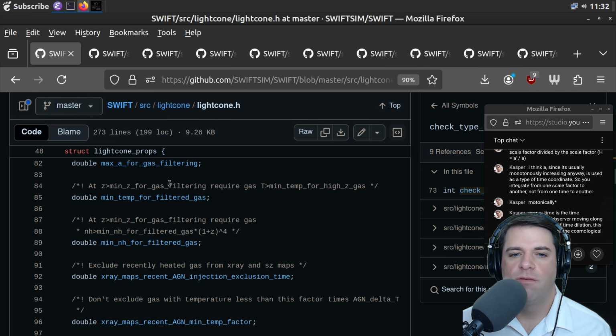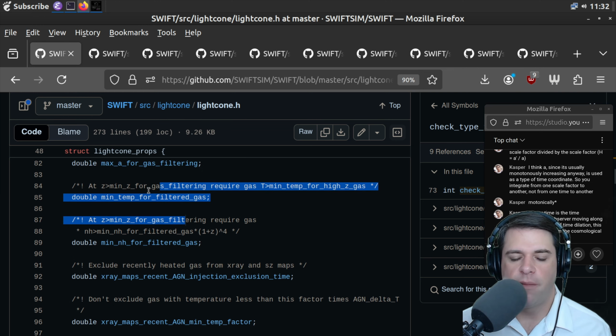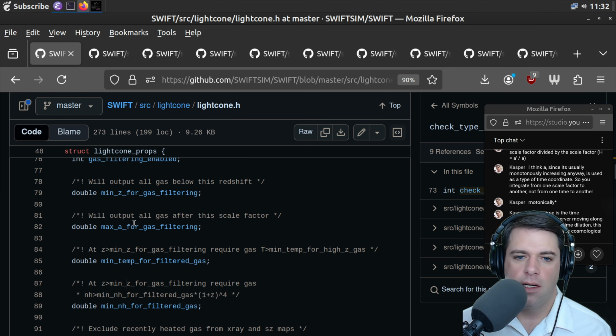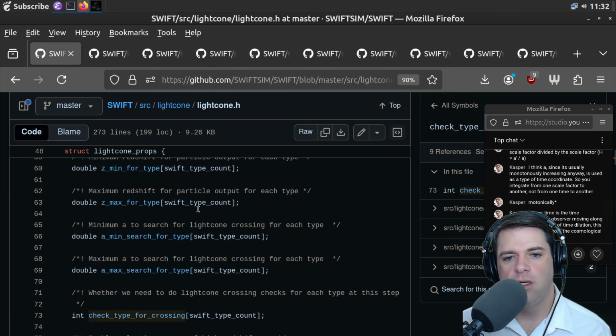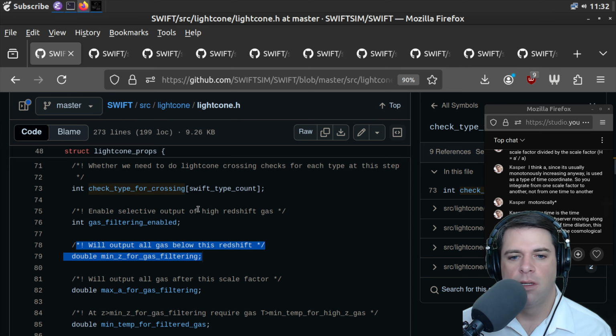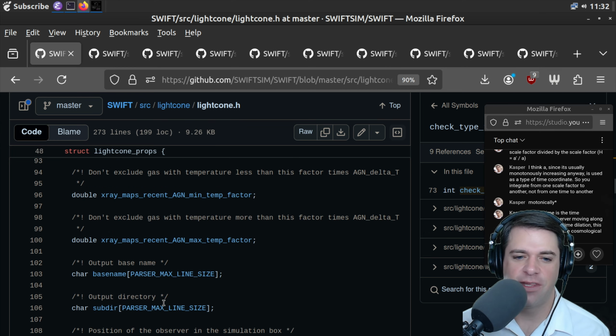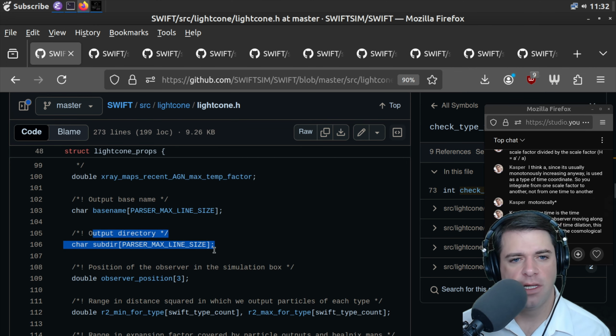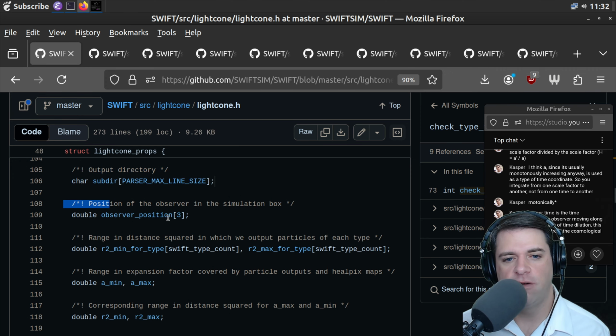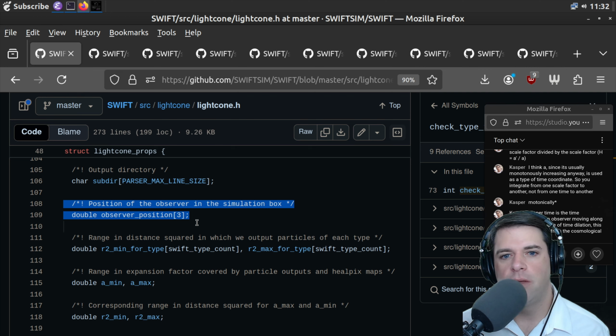All right, so we've got a bunch of stuff. These are all light cone properties. And we've got things like min Z for gas filtering. Z is what, redshift? I don't know what gas filtering is, but these are all things that I guess light cones care about. We have an output subdirectory. So this is a little bit of a mix again of physics stuff and computery stuff.